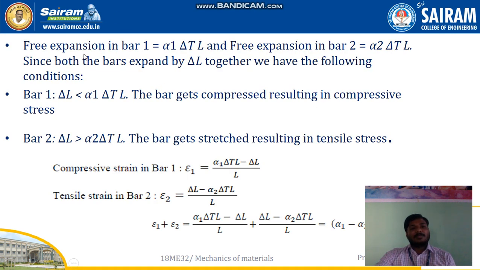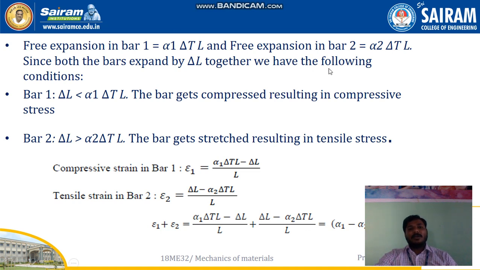Now the free expansion in bar 1 is alpha 1 into delta T into L, and the free expansion in bar 2 is alpha 2 into delta T into L. Since both the bars expand, the change in length takes place together.